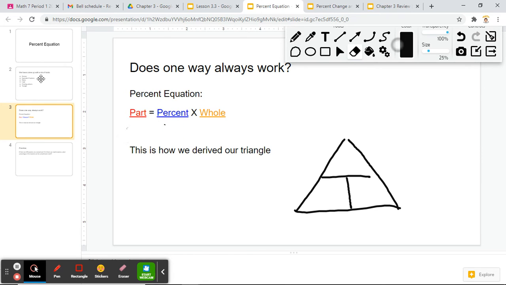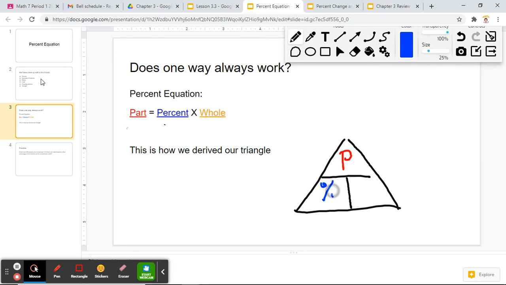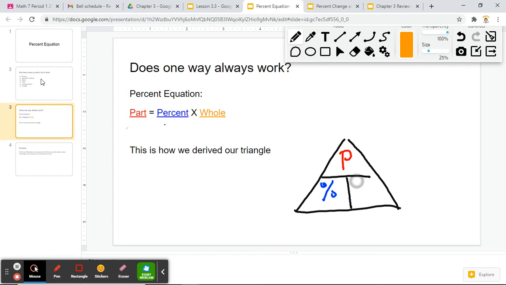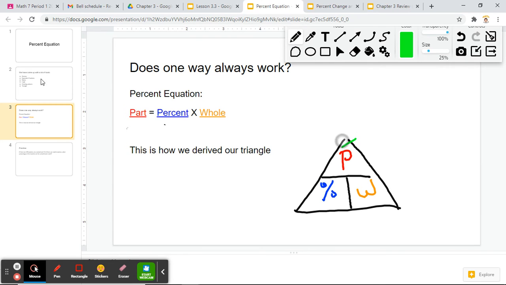Because remember what this triangle tells us. It tells us that when we have certain things together, whether it is our part, our percent, or our whole, we're going to do certain things with all of them, right? So for example, for our part and our percent, we're going to solve this as a division problem, or we're going to divide our part by our percent.